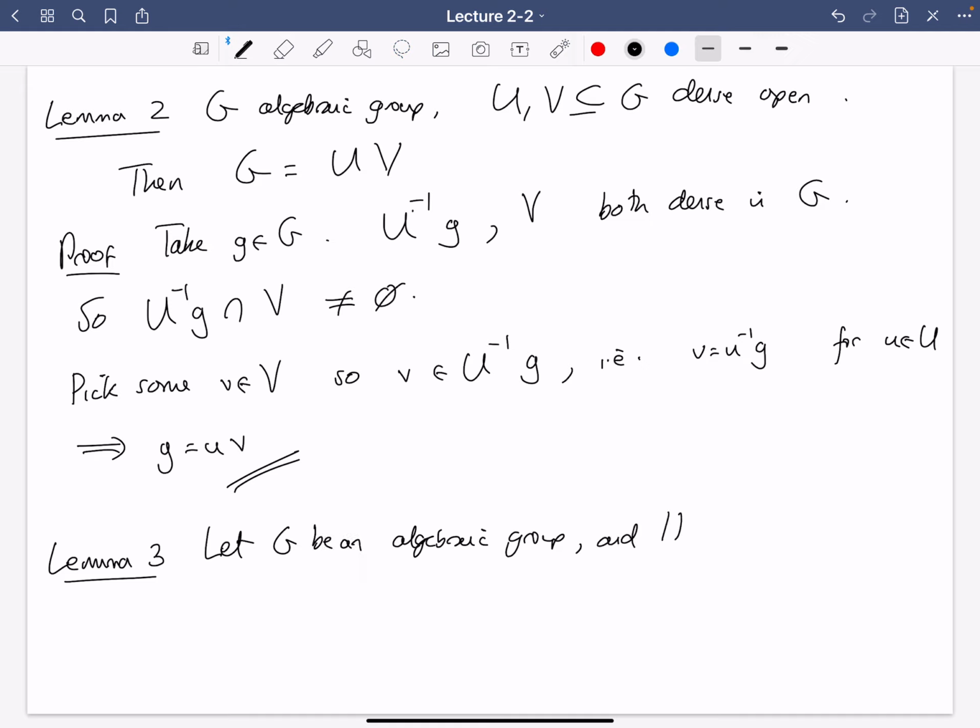And H be any subgroup, not necessarily closed. So H needn't be an algebraic group in its own right. Then actually the closure of H in G is also a subgroup.